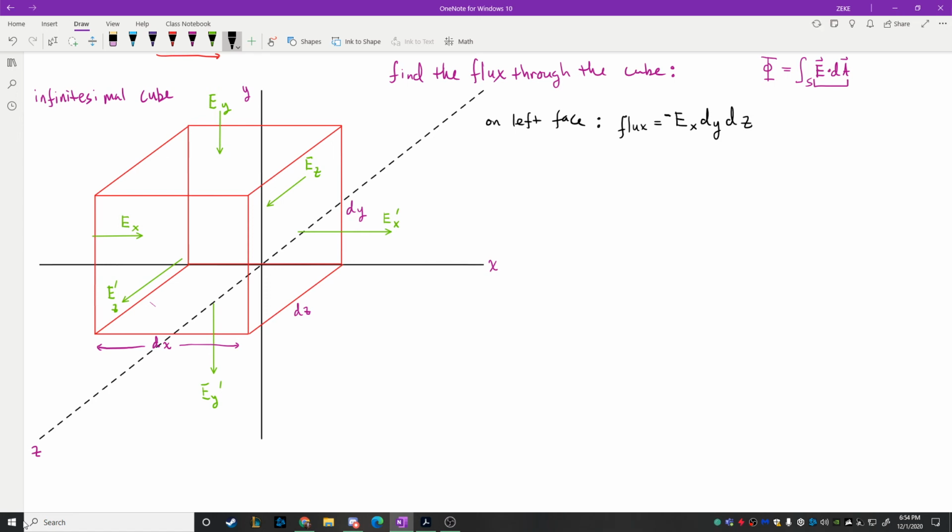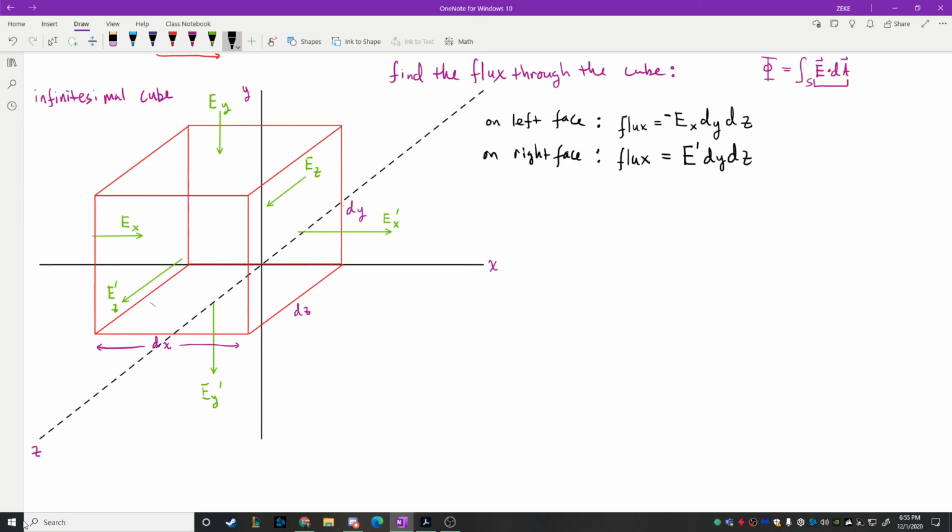On the right face, the flux is again going to be electric field times the area. So it's going to be Ex prime times dy dz. Remember, flux is just electric field times area, right? And then the net flux through those two faces would be the difference between these two.